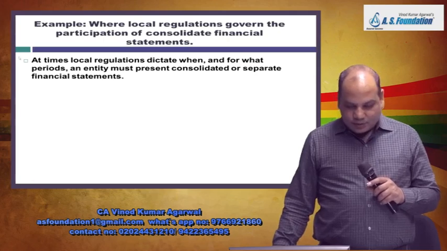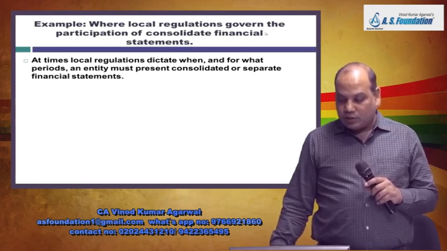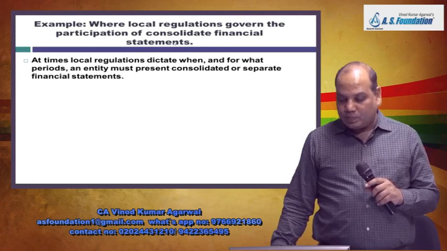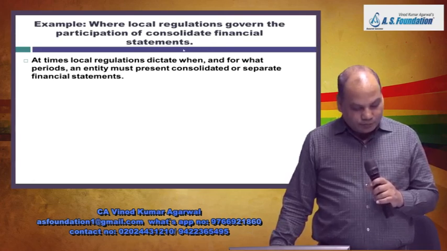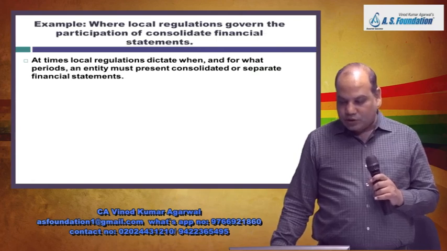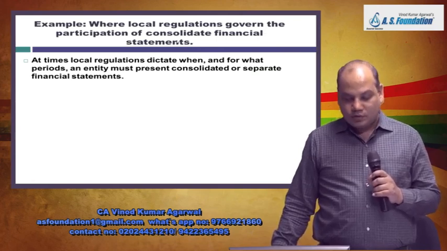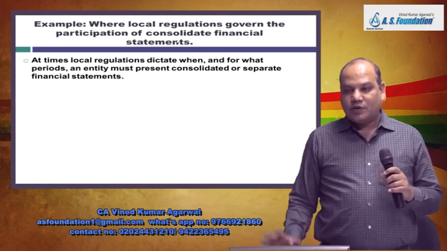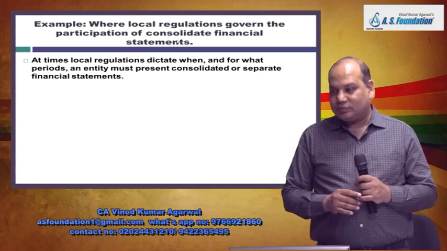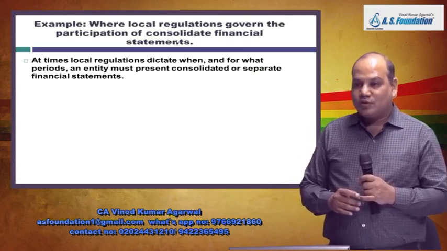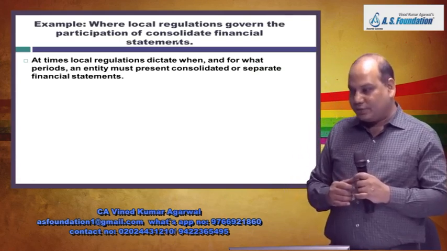Next example. Where local regulations govern the preparation of CFS. Now, IFRS is a standard applied by many countries, but local regulations are also something which one has to take care of.